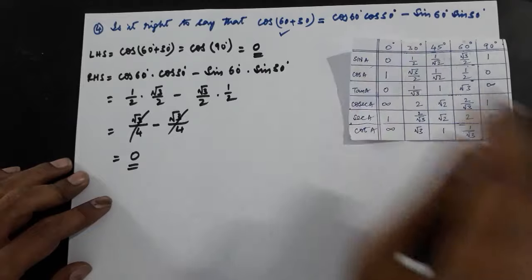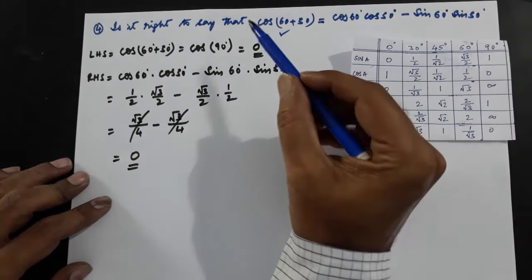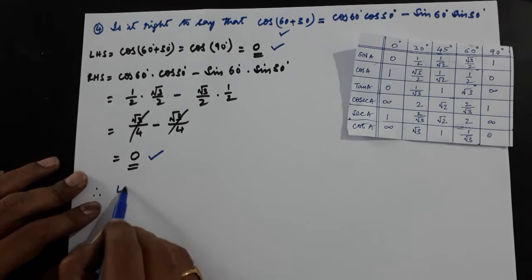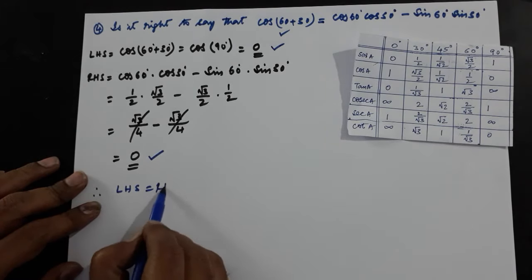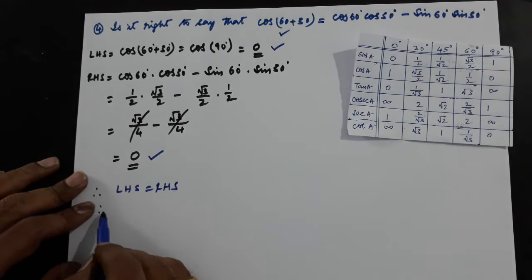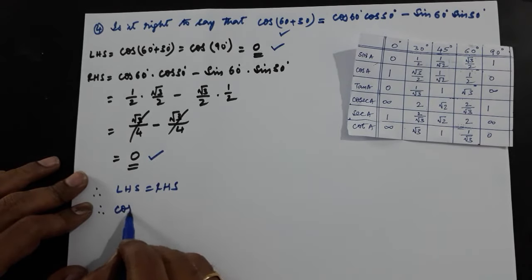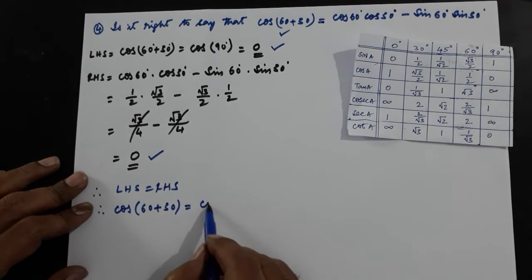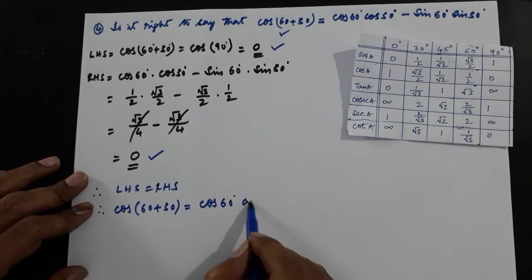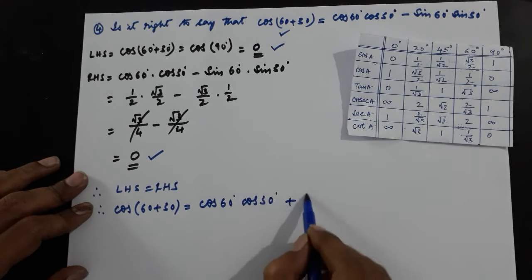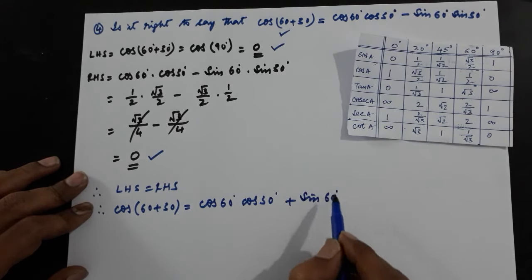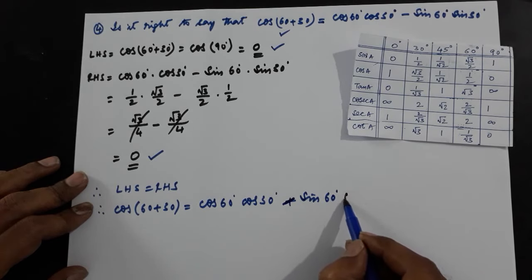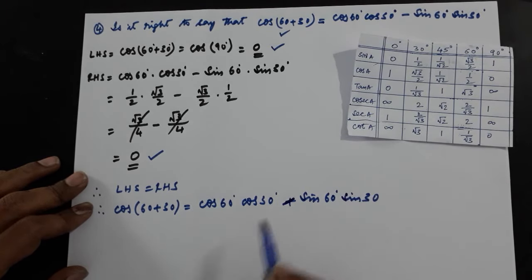Okay. So both we got as zeros. Therefore LHS equals RHS. Therefore cos 60 plus 30 equals cos 60 cos 30 minus sin 60 sin 30. Okay, there is a minus sign here.